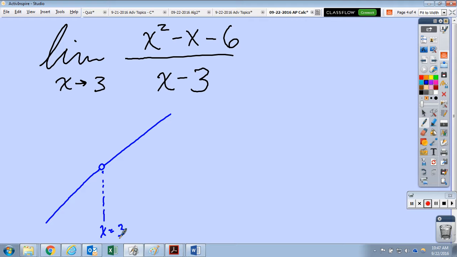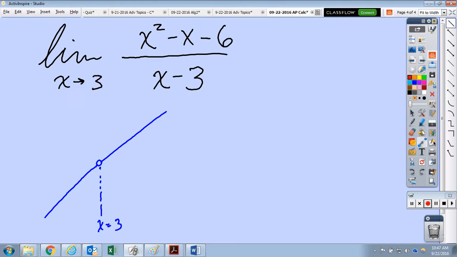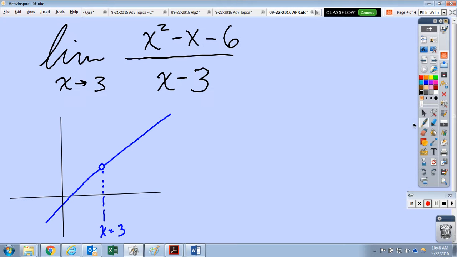It'd be x plus 2, but x will equal 3. For example, something like this.